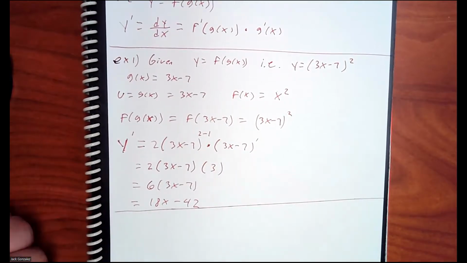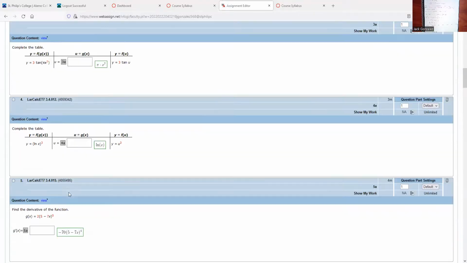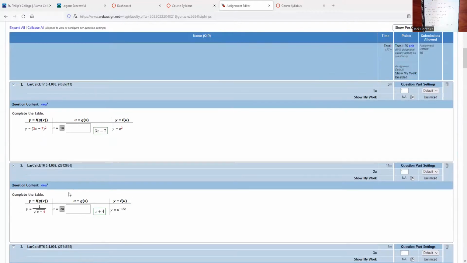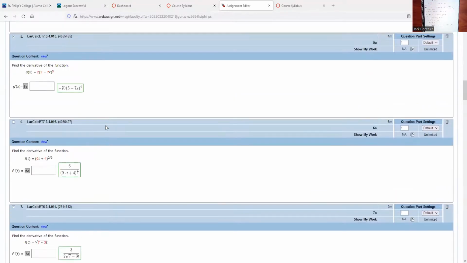Let's do some more. Any other questions on number 1? This is number 1. They didn't ask us to do the derivative, they just asked you to identify outer and inner. I did the derivative just for fun.